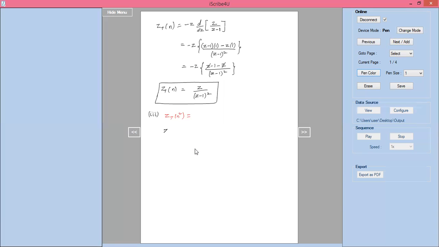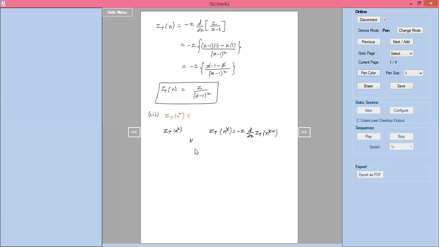Z transform of n square. If you want this one also, we will use that basic formula: Z transform of n power k equal to minus Z into d by dz of Z transform of n power k minus 1.